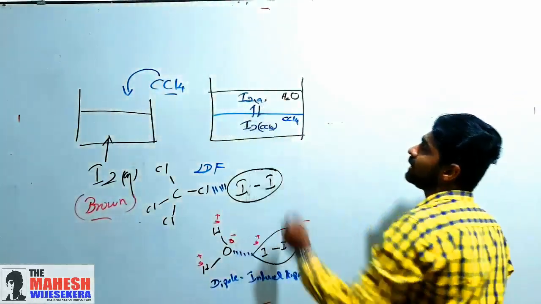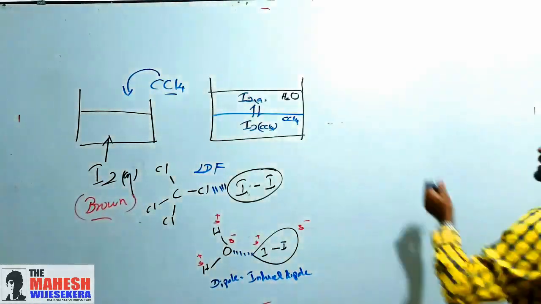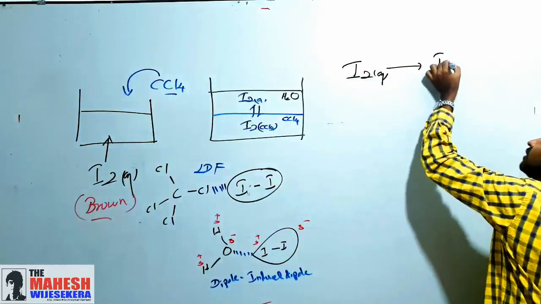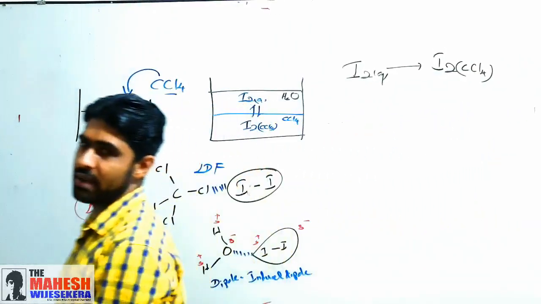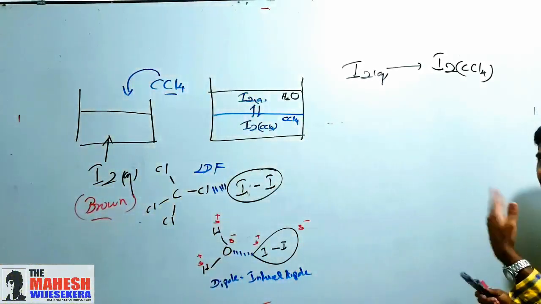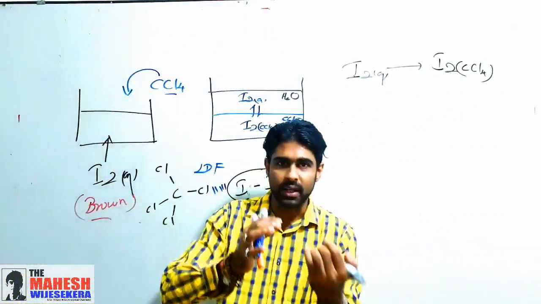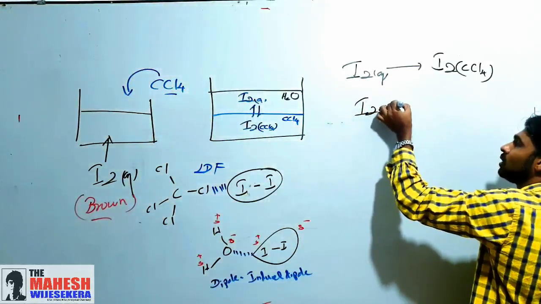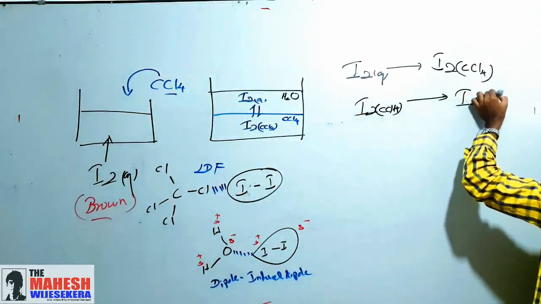So as iodine is soluble in both, there will be an iodine equilibrium between water and CCl4. At first, I2 in the aqueous layer moves into CCl4, because initially in CCl4 you didn't have anything. After some time, the CCl4 layer contains iodine, and some molecules again try to come into the aqueous layer, so I2 in CCl4 moves into I2 aqueous.